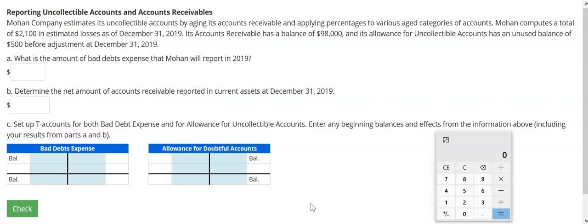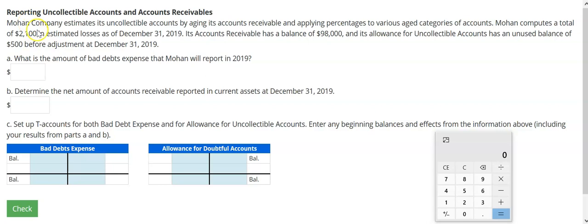If we look at all of our accounts receivable, we're going to collect most of them, but not all of them. So we have a couple of methods that we can use to adjust accounts receivable to the net amount, the most common of which is the analysis method or the aging method, and that's what we're going to be looking at today.